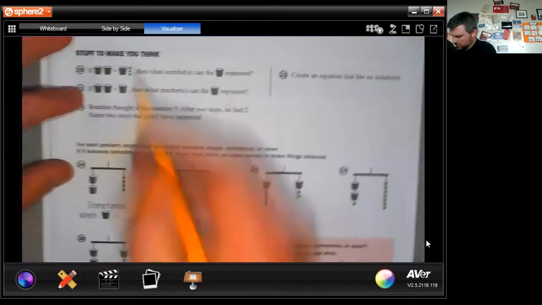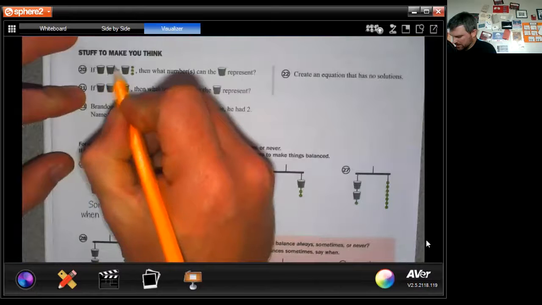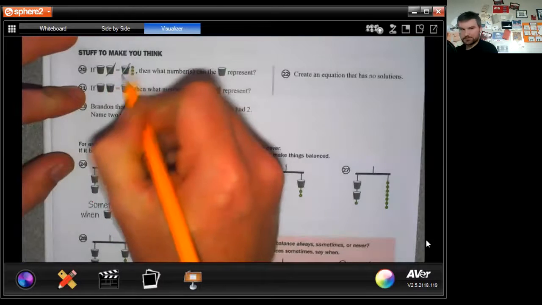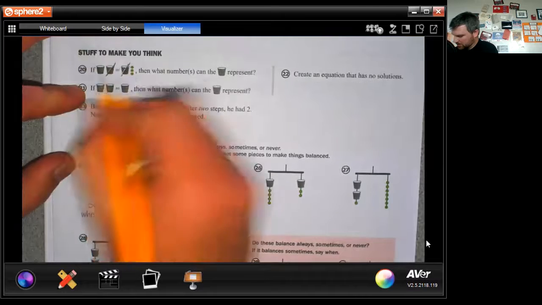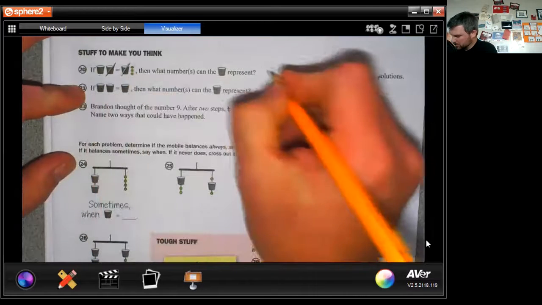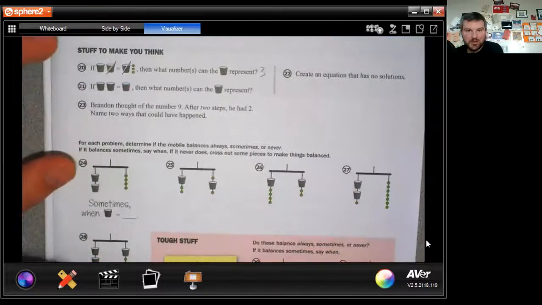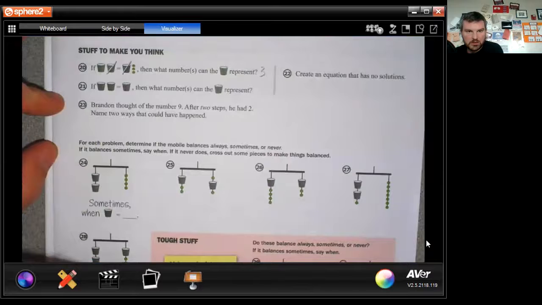Okay, so the buckets cancel on each side. And it looks like we have a bucket equals 3 marbles. So 3 is the only thing that it can represent.